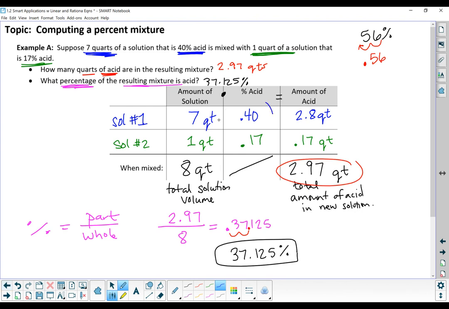If you're mixing 40% acid with 17% acid, you would expect that overall percentage to be somewhere between the two. If there's more of the 40% solution, you would expect this to be closer to 40. If there was more of that lower percent, you would expect it to be closer to that lower percent, but it will always fall in between those two numbers.